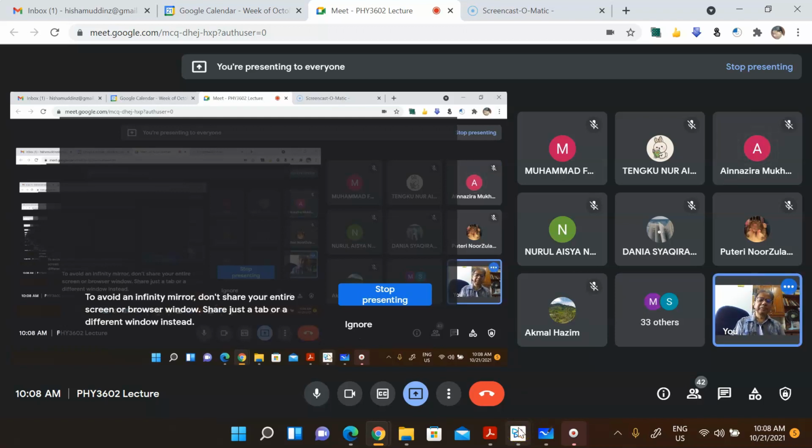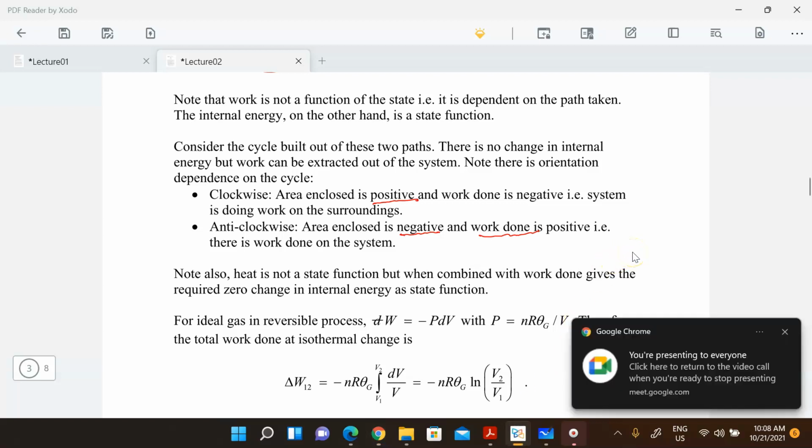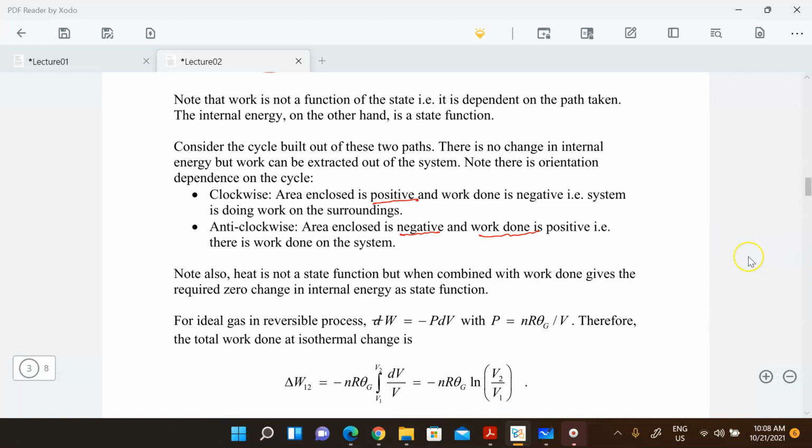Okay, great. Right. So going back to, we want to do a little bit more quantitative kind of thing. So we need to have a proper equation to write down. So one thing that we can do is to consider the case of the ideal gas in a reversible process. What we know about the ideal gas is given by that. Here, this is the equation of state.